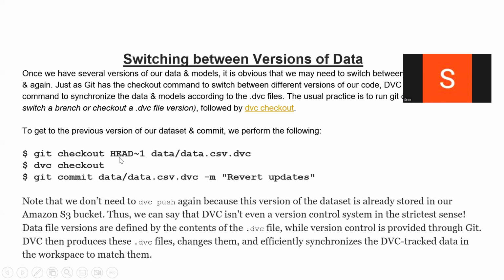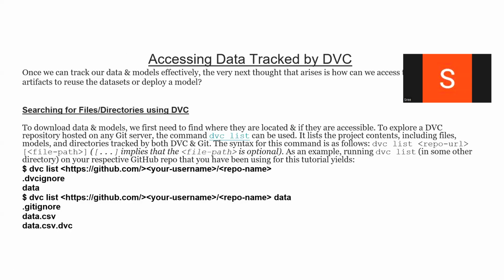How is git checkout going to help you? It is going to check out this branch, and this file will be moved to this particular branch. And DVC checkout also automatically checks out this particular .dvc file, and then finally git commit is going to upload the newly updated data. As soon as you are done, you can use the most recent version of the DVC data, which will be available.